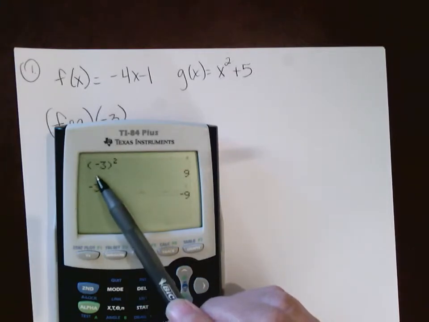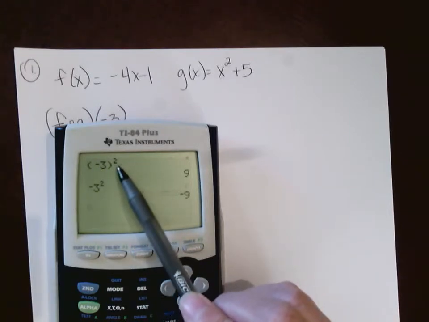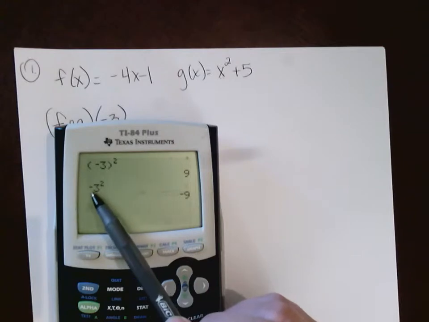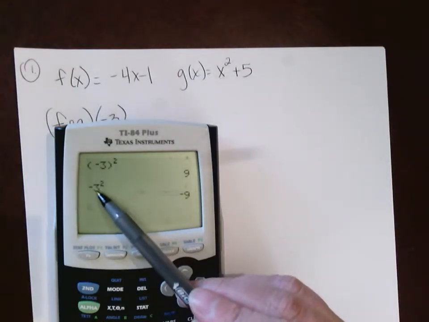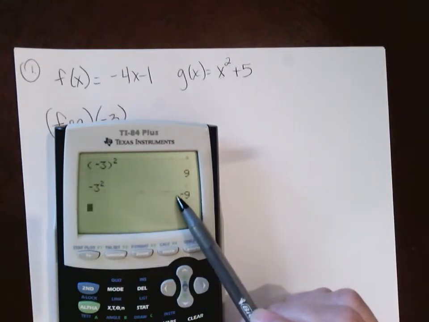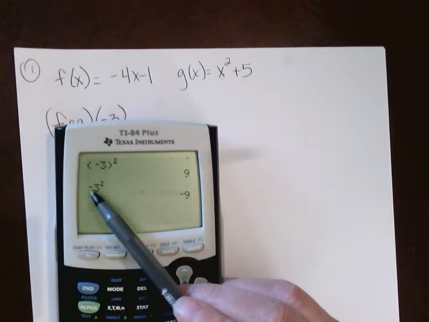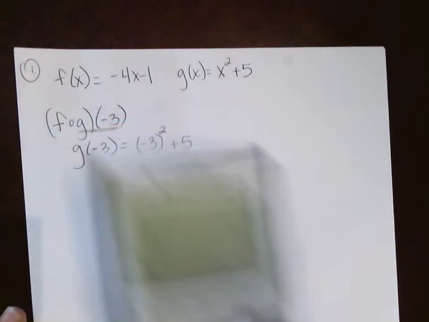If you want to square negative 3, that's telling the calculator that you want to include the negative in part of what you're squaring. If you do not put it in parentheses, what you're telling your calculator to do is to just square the 3 and then bring over the negative. That does not include the negative in what you're squaring. So make sure you put the negative in parentheses.